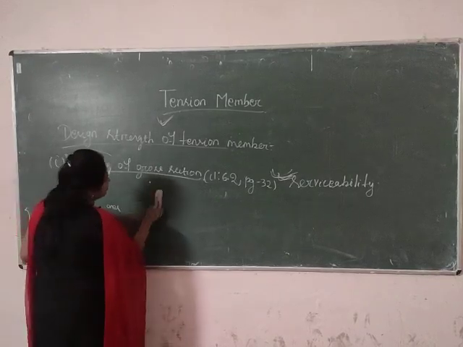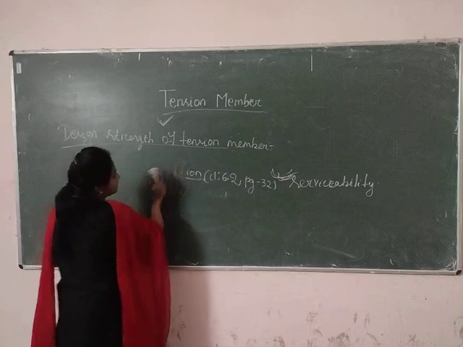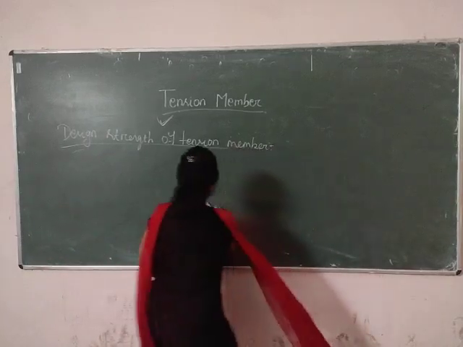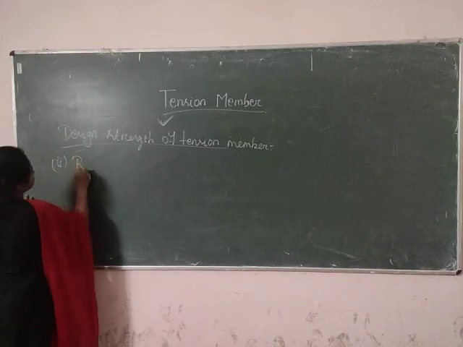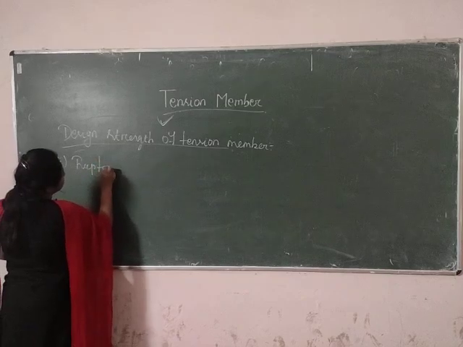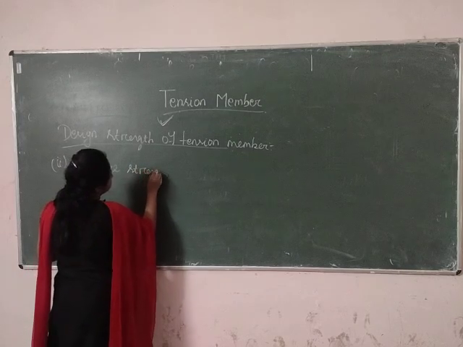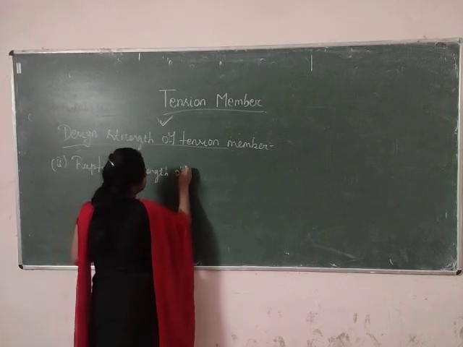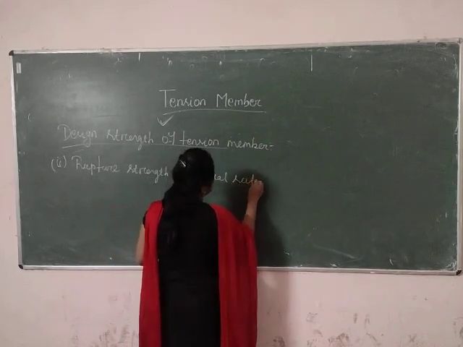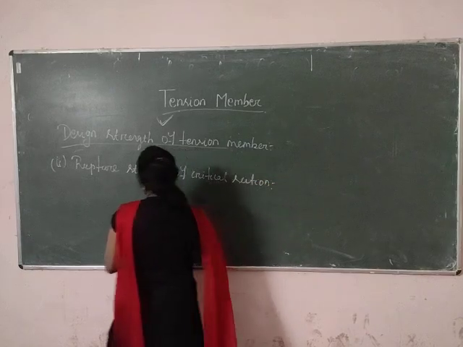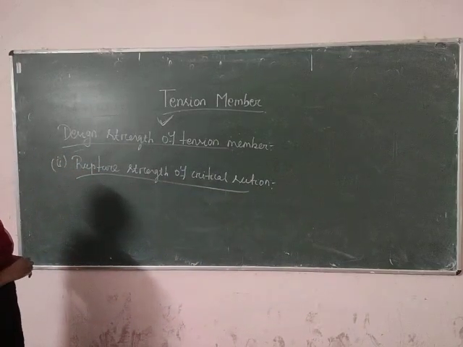Then next come to rupture strength of critical section. So these things we have already discussed in case of bolted connection.